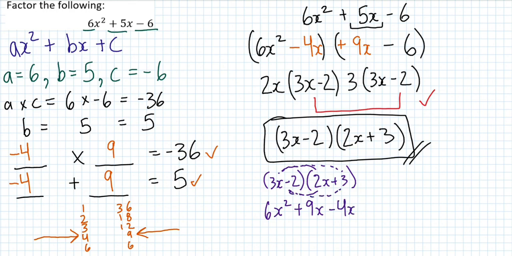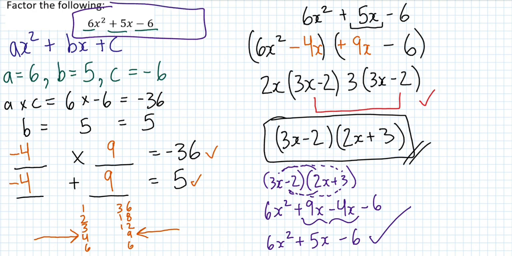And negative 2 multiplied by 3 is negative 6. We collect like terms, and that gives us 6x squared plus 5x minus 6. We know that's correct because that was our initial expression. So it's a nice little way to check your answer once you're done. Doesn't take too long either.